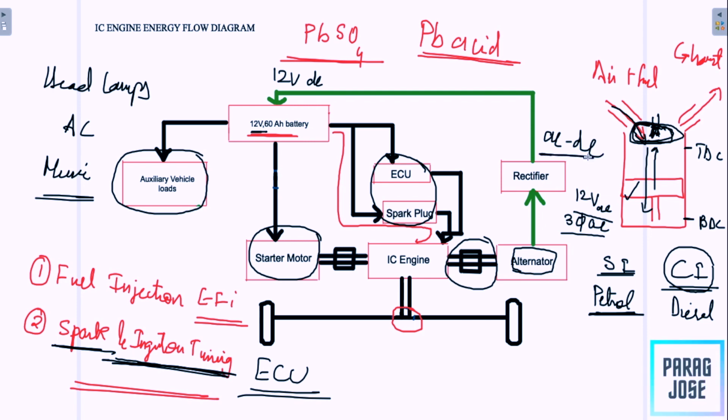In a capsule, the energy consumption is done by the starter motor, the spark plug, the ECU as well as the auxiliary vehicle loads, and the charging is done using the alternator, which produces a 3-phase AC output that has to be fed to a DC battery, and therefore we have the rectifier unit which converts AC to DC.